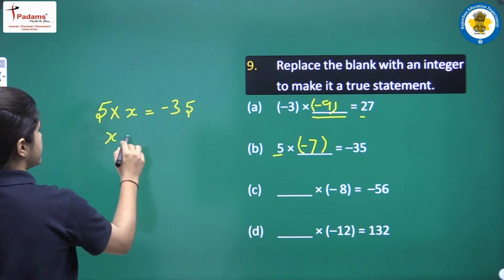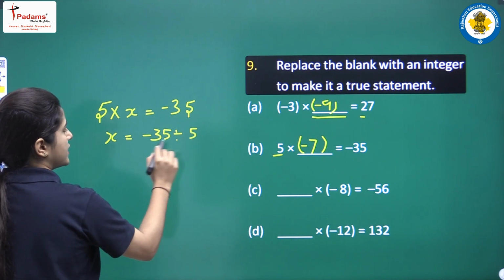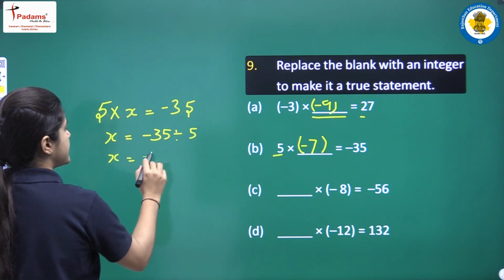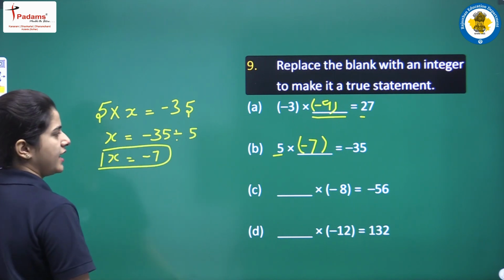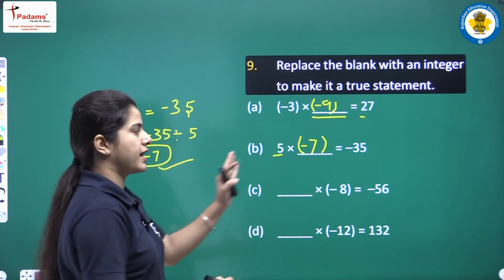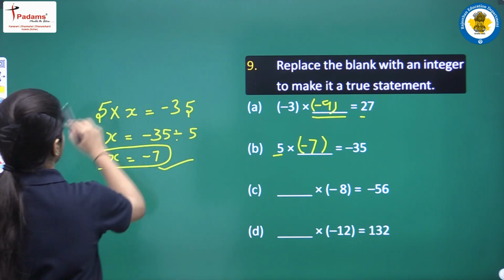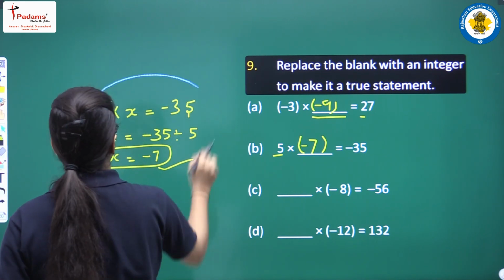So x is equal to minus 35 divided by 5. 35 divided by 5 is equal to 7, so minus 7. By this method you can clearly find the answer, and by hit and trial method you can also find the answer. Alright students, so let's move to the next part.